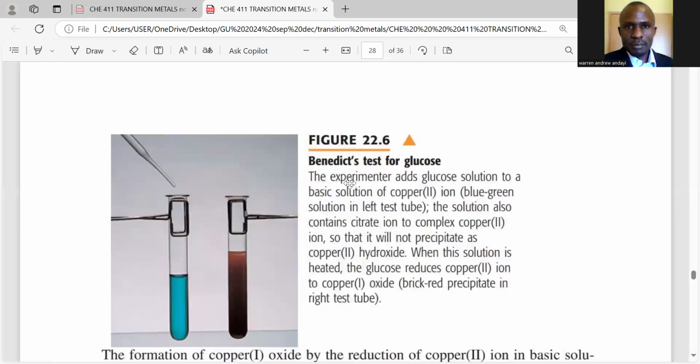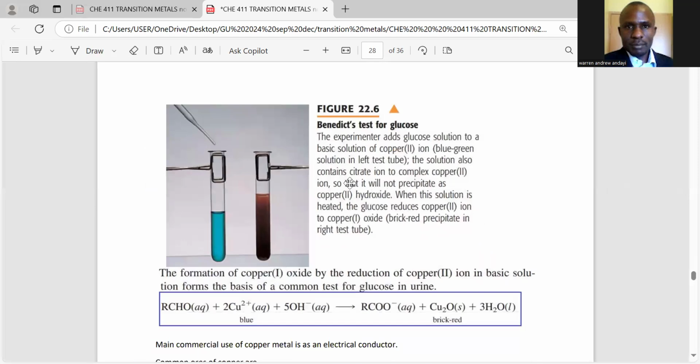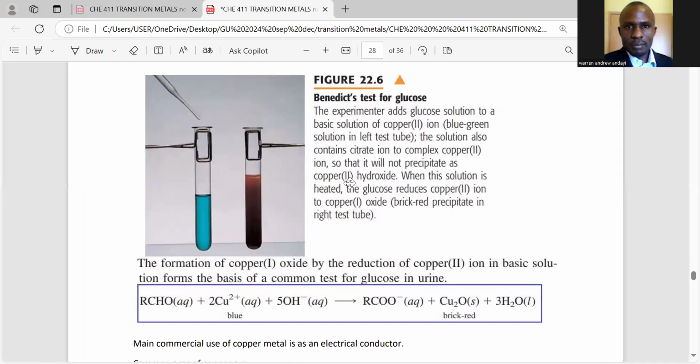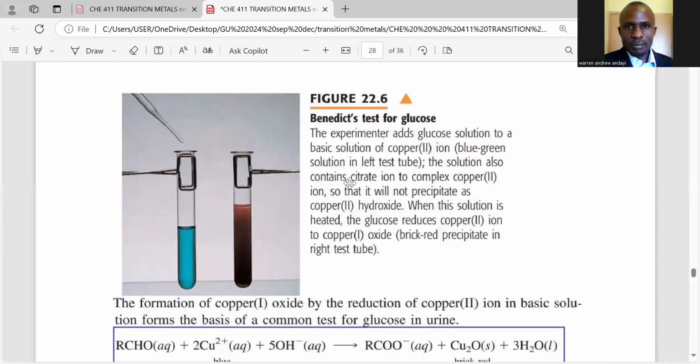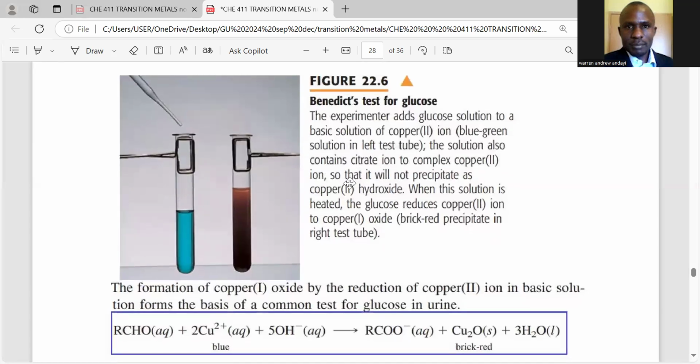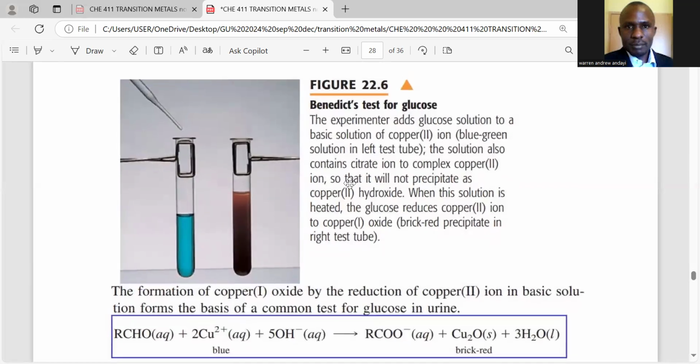Now let us go further into the chemistry of copper ions. A very important biochemical application: Benedict's test for glucose. The experimenter adds glucose solution to a basic solution of copper, and a blue-green solution is left in the test tube.